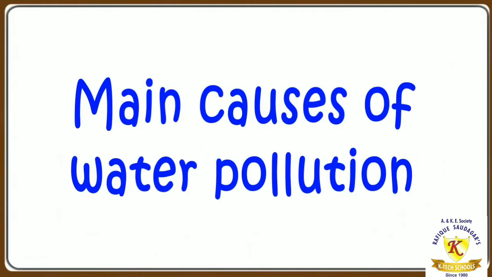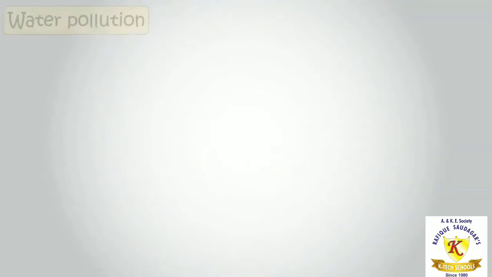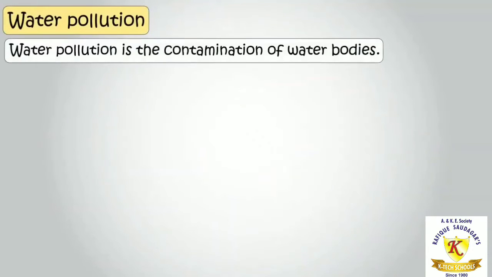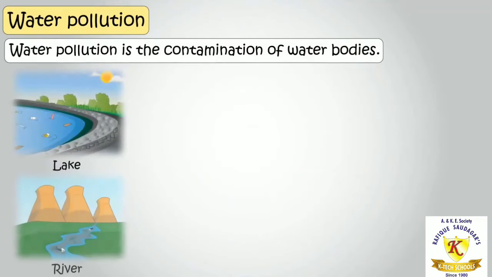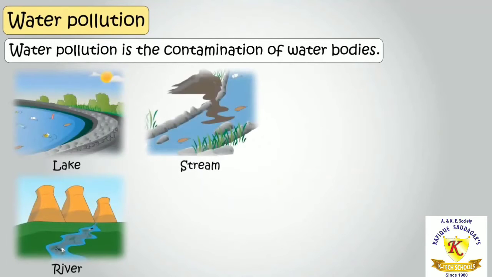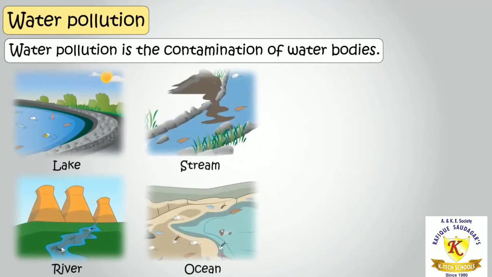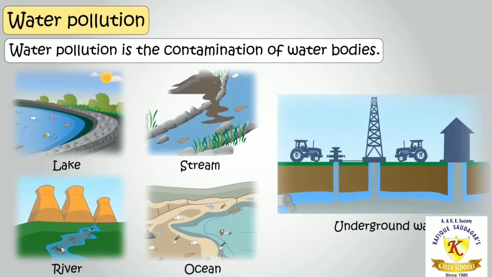Let's study the main causes of water pollution. So, let's get started. Children, water pollution is contamination of water bodies like lakes, rivers, streams, oceans, and other underground water bodies.